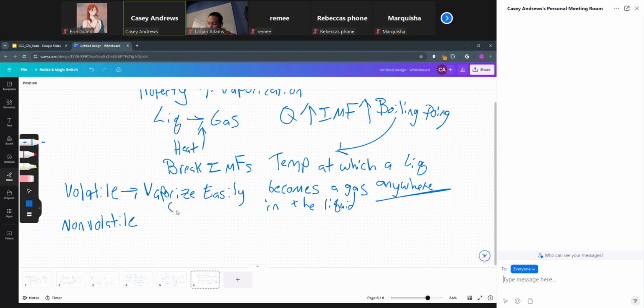I'm going to use nail polish as my example there. Because if you open up a bottle of nail polish, you get hit with the smell right in your face. That's because it becomes a gas very easily. And that's what you're smelling. You're smelling gas. While non-volatile is the opposite. Doesn't vaporize easily.